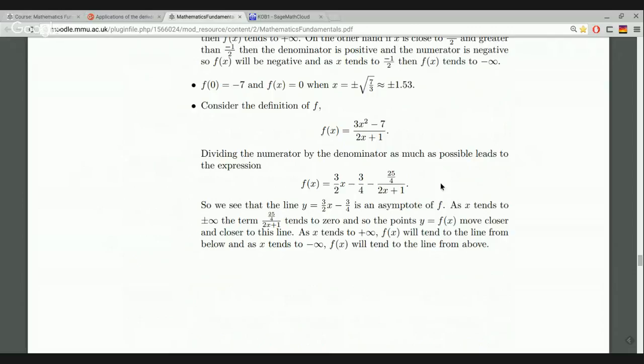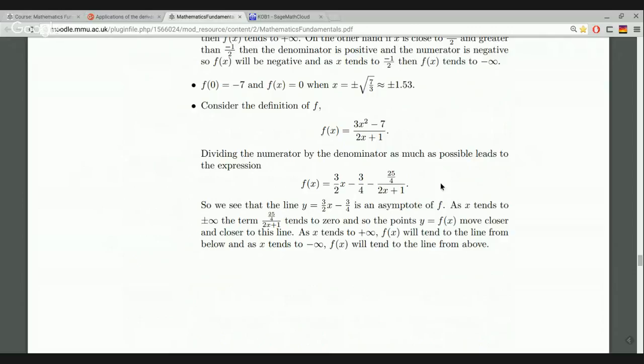So if you multiply it by 3/2x, then you do indeed get 3x squared. You also get plus 3/2x. Now there is no 3/2x in the numerator, so you're going to have to subtract that again. And there is this minus 7, which we haven't accounted for yet, so we need to put that in.